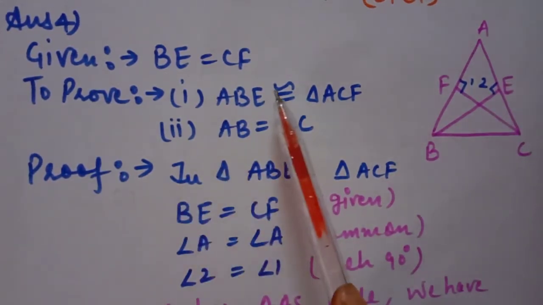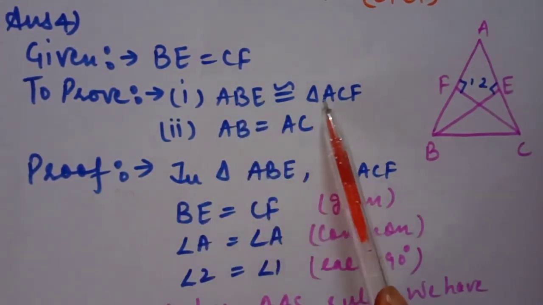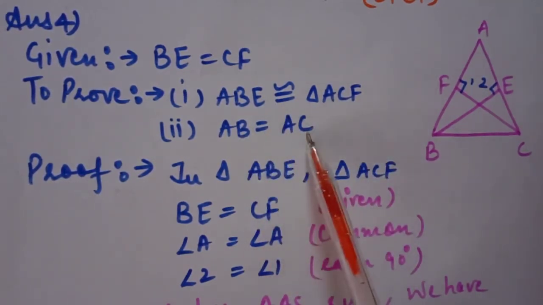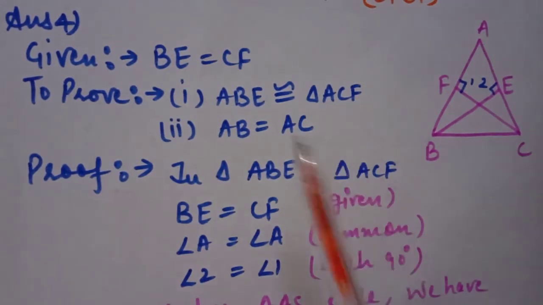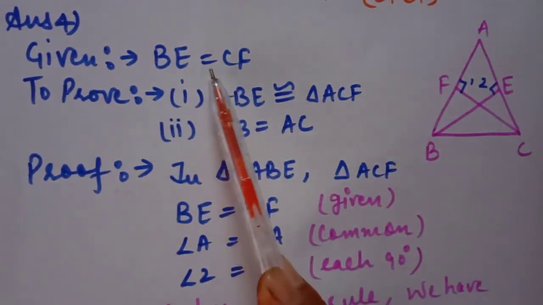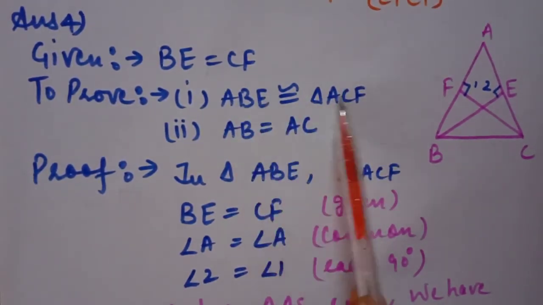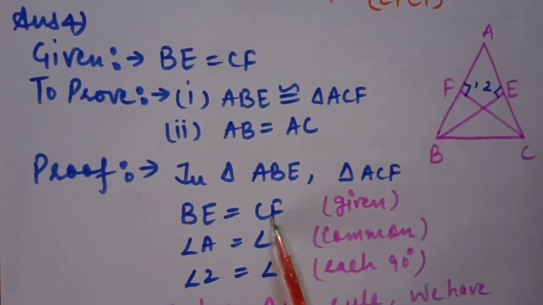We have to prove that triangles ABE and ACF are congruent and AB is equal to AC. So students, it is totally the converse of question number 3. So we have the given and the proof. For the proof, we want two triangles, and we will try to prove them congruent.